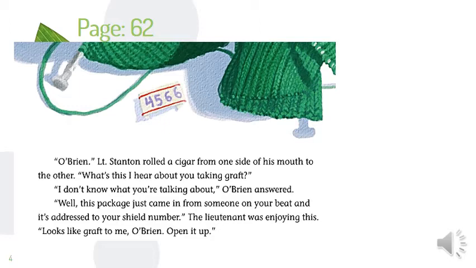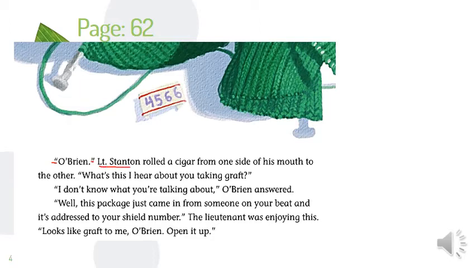O'Brien, Lieutenant Stanton rolled a cigar from one side of his mouth to the other. "What's this I hear about you taking graft?" When we see these quotation marks, it means that this is what the character is saying. This LT is what?